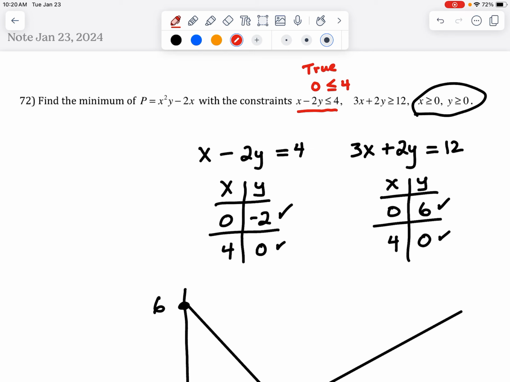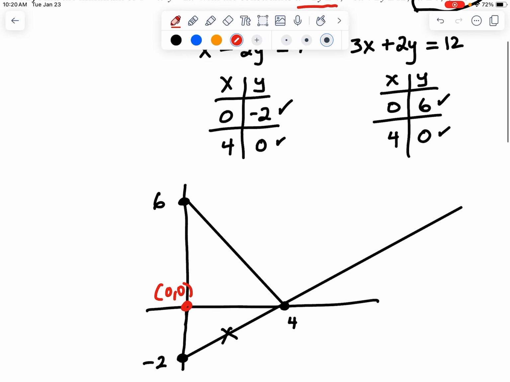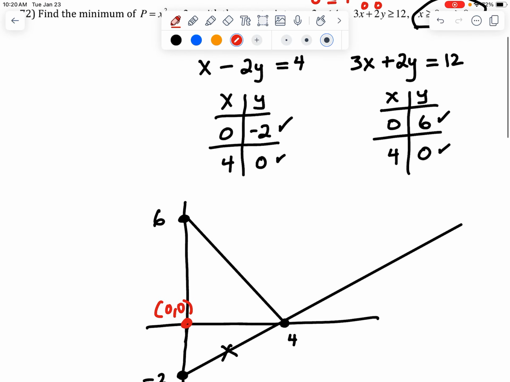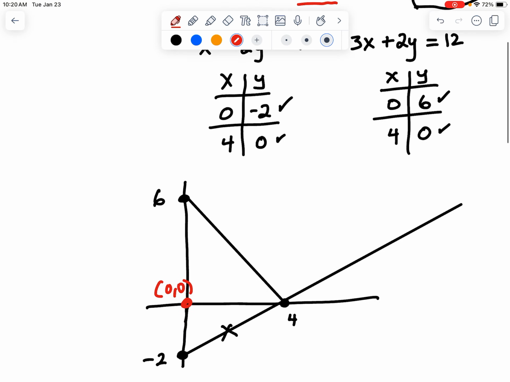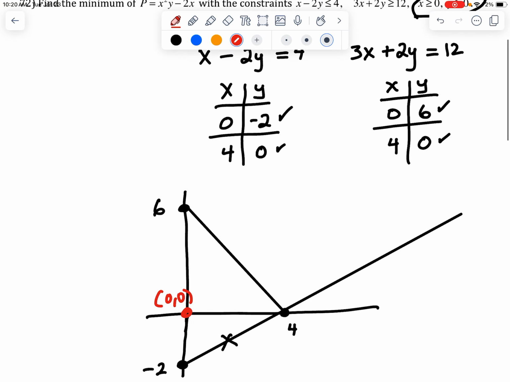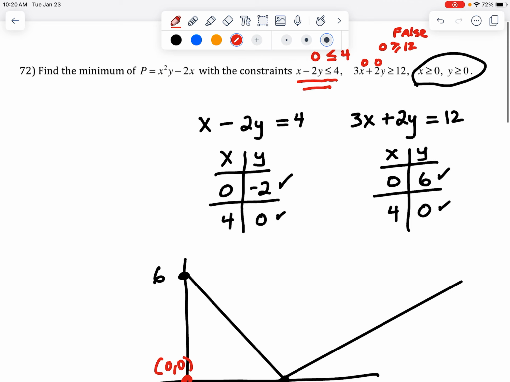And then if you use 0 and 0 for this one, it says 0 is bigger than 12. And that is not true, false. So basically that means that with this first line, it was true.